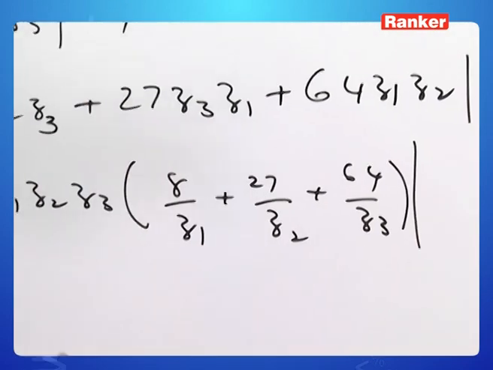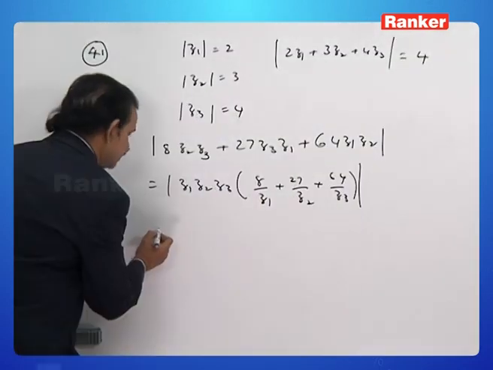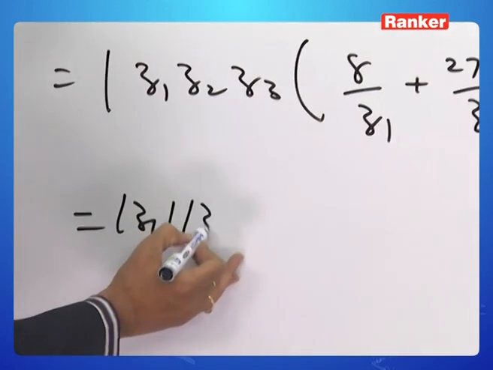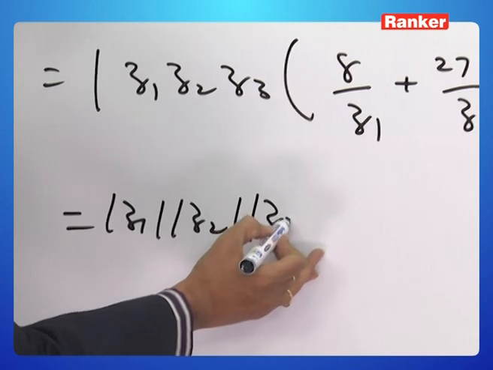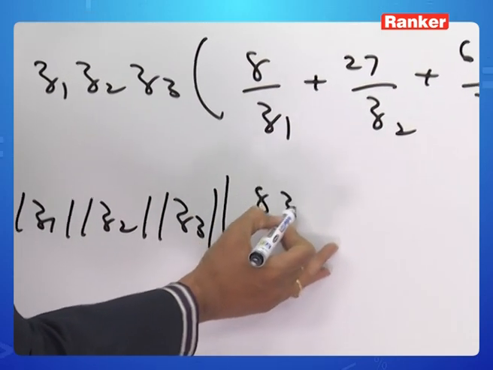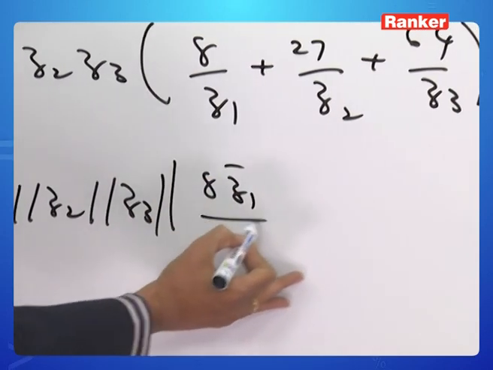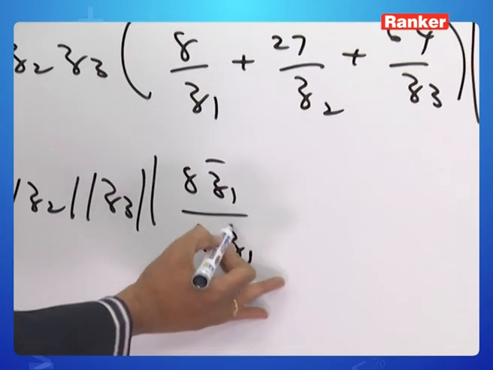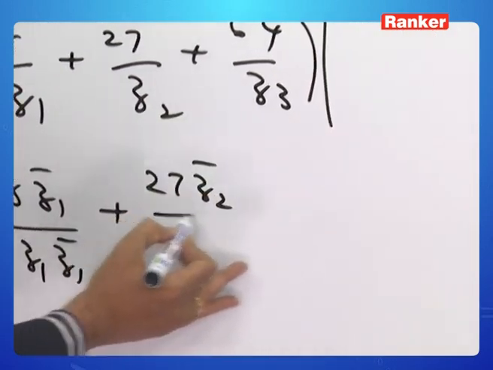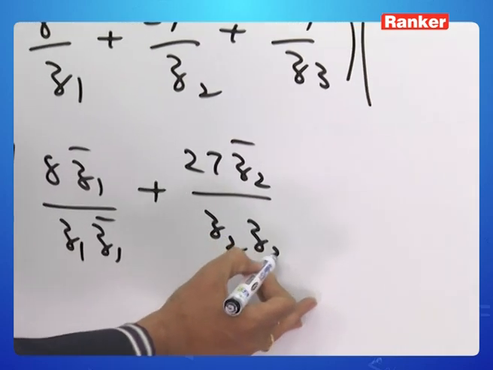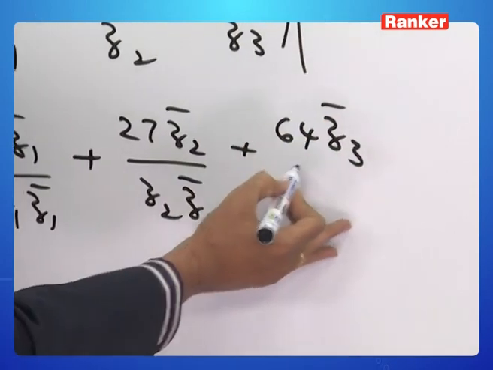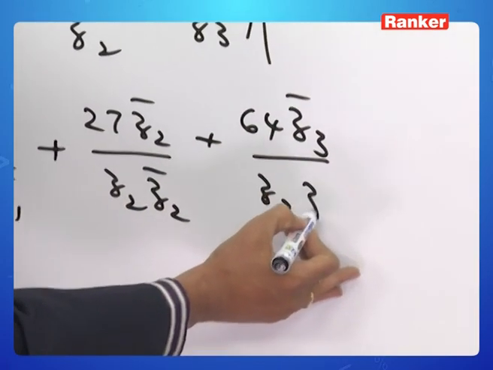And if you can split this modulus symbol, this is equal to mod Z1 into mod Z2 into mod Z3 into mod of 8 Z1 bar by Z1 Z1 bar plus 27 Z2 bar by Z2 Z2 bar plus 64 Z3 bar by Z3 Z3 bar.